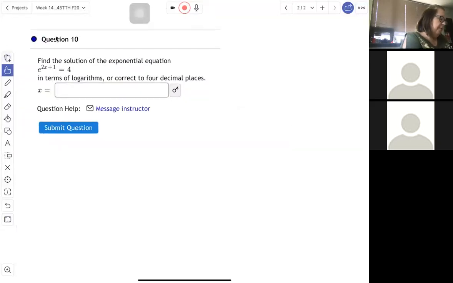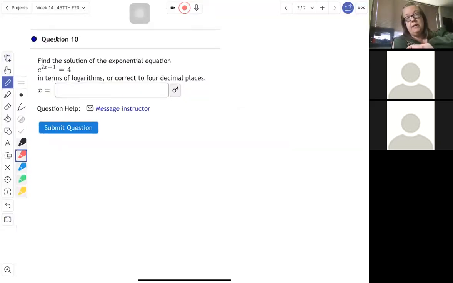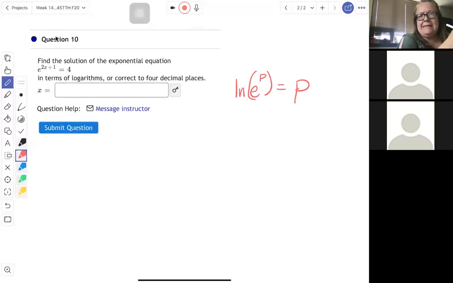All right, now the property that we are going to use is one of those basic properties from the second section of homework that we did, okay? I'm going to write it specifically for natural log, but I'll show you the other forms as well. The form that we will use is natural log of E to some power is equal to whatever the power is, okay?